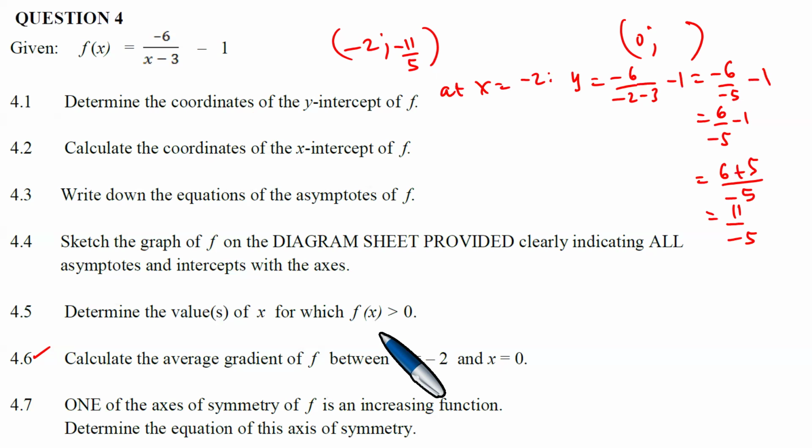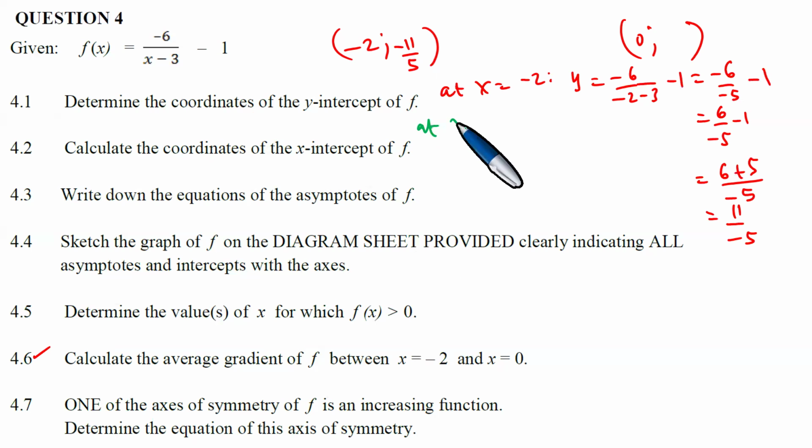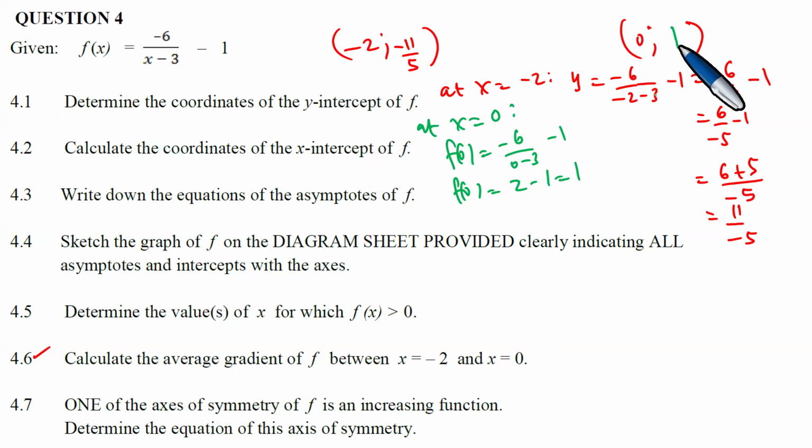But also the other one, you have the other one. So at x equals 0, because the average gradient is between -2 and 0, when x is 0, you put it there. F of 0 is -6 over 0 minus 3, minus 1. F of 0 is 2 minus 1, which is 1. Okay, so you have 1 here.